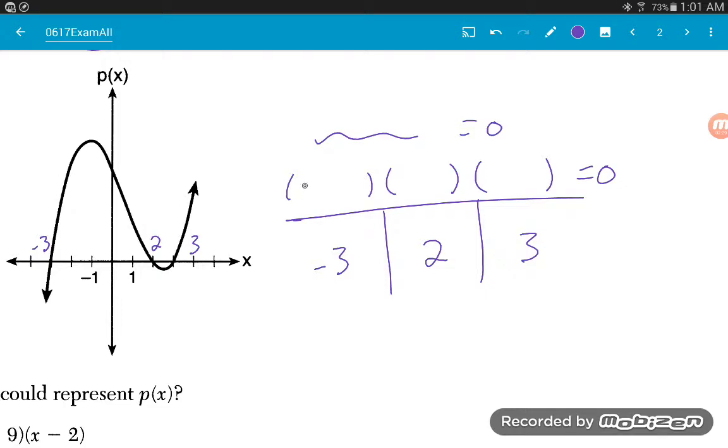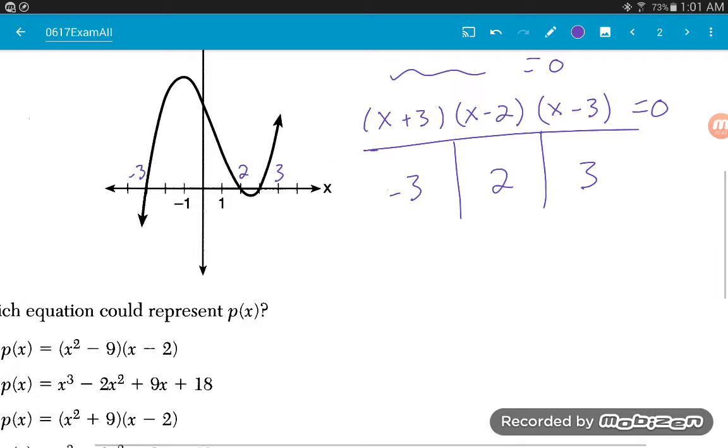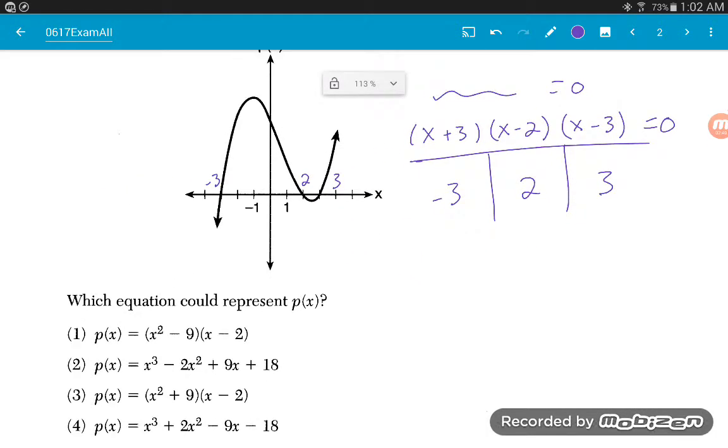So if you remember, these all have x's in the beginning, and the question is, well, what goes in the bubble? For the first one, it would be +3. It's always the opposite of the sign. The second one is going to be -2, and the third one is going to be -3. So if you're looking at this, you'll see that this doesn't particularly look like any of the answer choices.